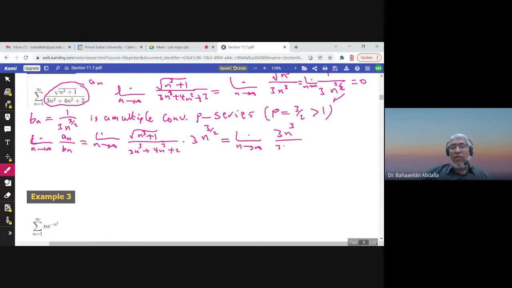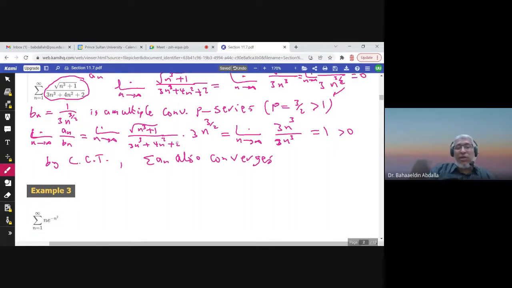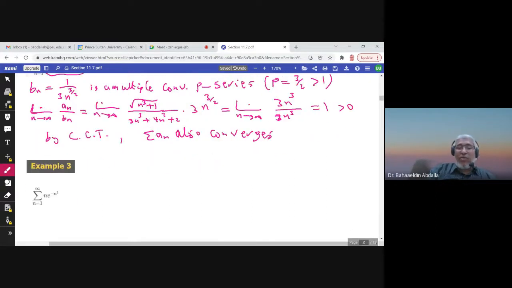And we have the term with the highest power here, 3n cubed, so the limit would be 1, which is greater than 0. So by the limit comparison test, the summation of an also converges because the summation of bn is convergent. So we can solve this series by the limit comparison test.